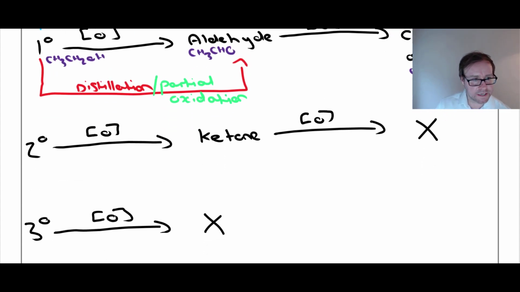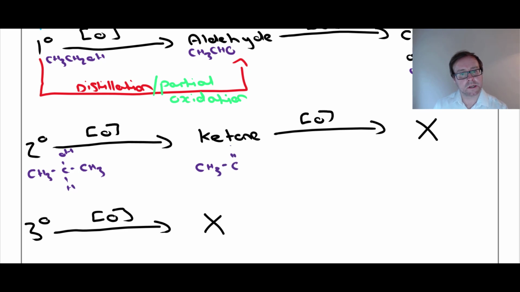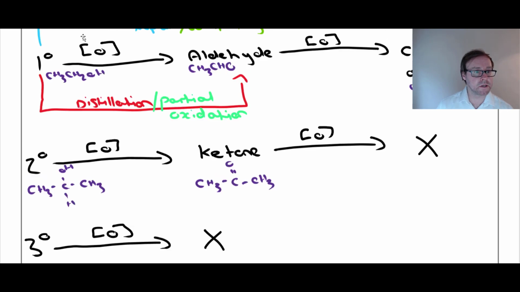If I have a secondary alcohol, such as CH3CHOHCH3, I will get a ketone, which looks like this. You'll need these formulas or these structures in a bit to be able to do your equations.